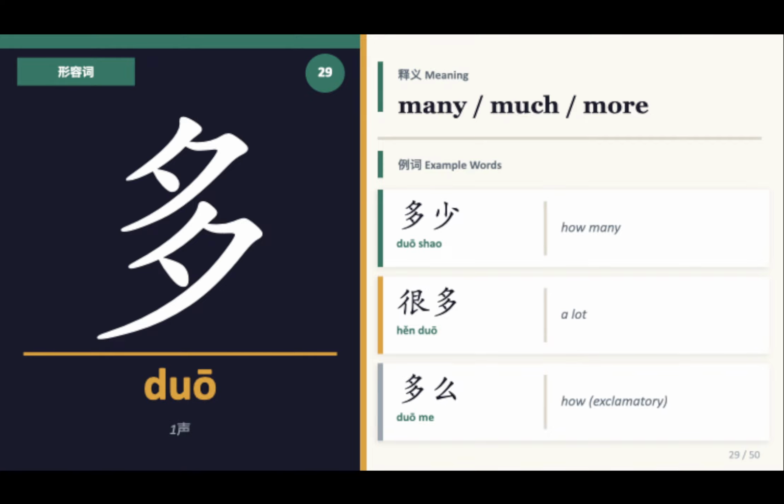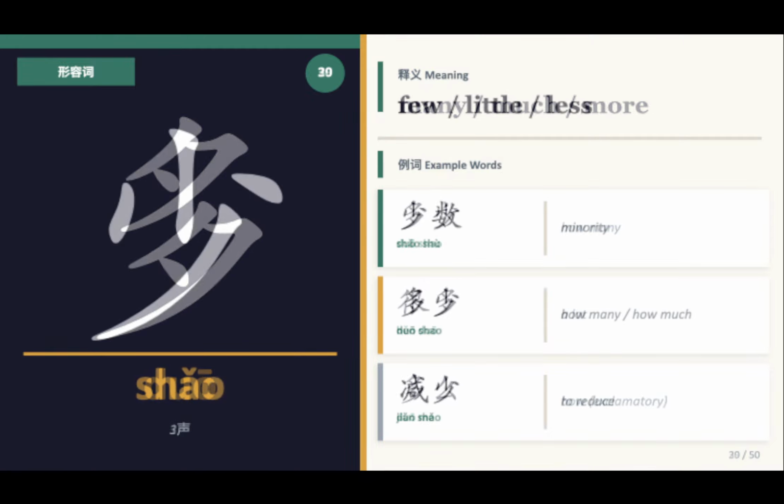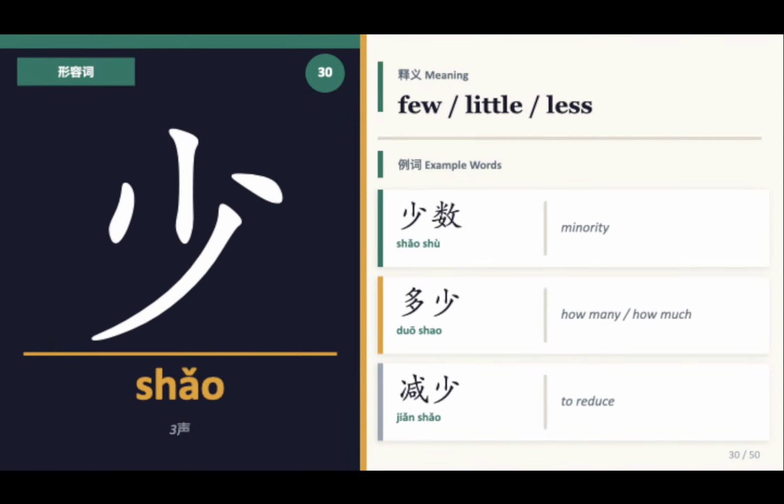很多 is a lot. 多么 is how, like when you want to do exclamation. Like, 哦，这个地方多么漂亮啊，多么好啊。And then 少, just as it said, is the opposite of 多. Have you noticed that this is very similar to the word 小, small or little?